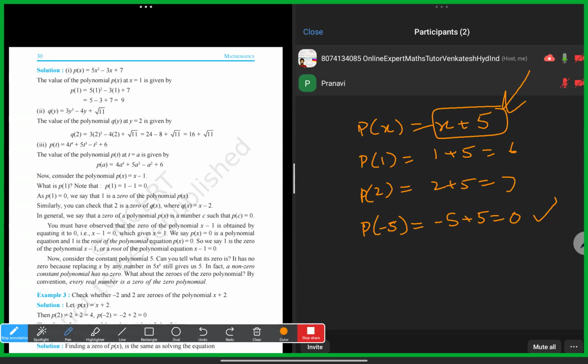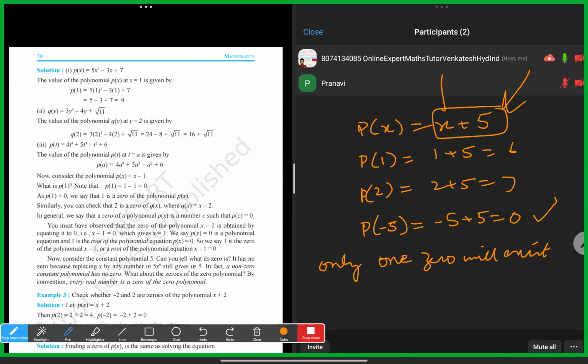Simply, the value of the variable for which the polynomial result becomes 0 is the zero of the polynomial. If it is a linear polynomial, only one zero will exist.